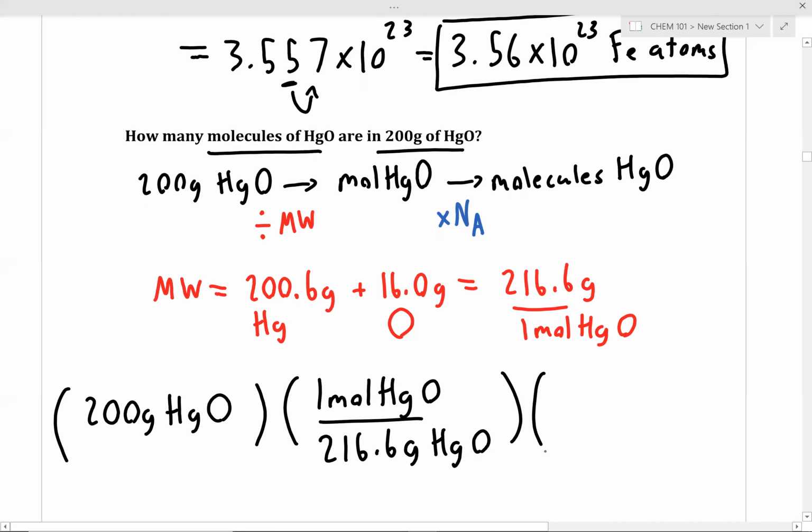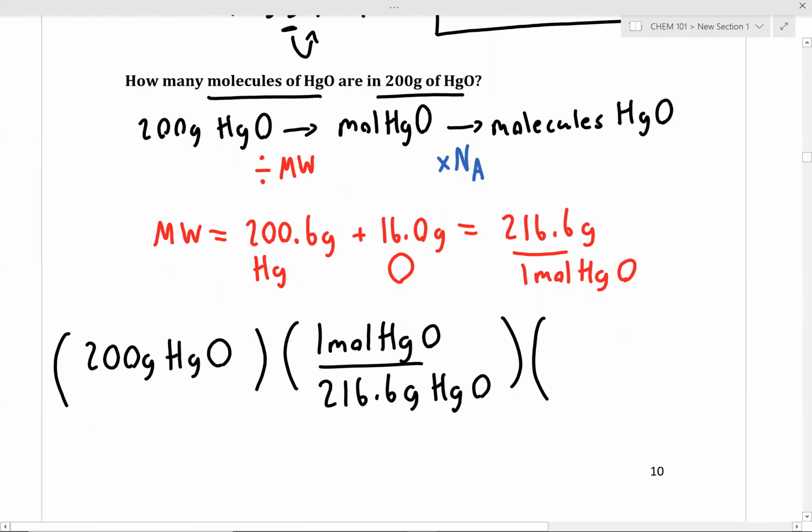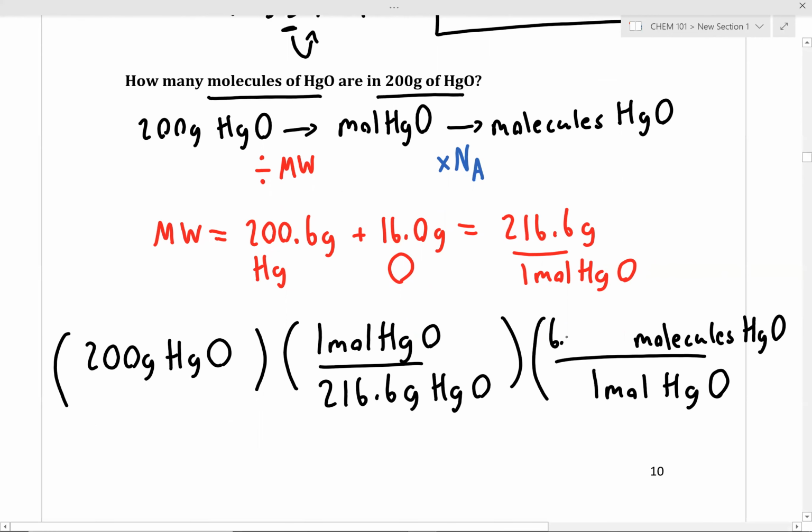Okay. Now, if we're going from moles to molecules, what units are going to be on top? Molecules, right? So then, how many molecules of mercury 2 oxide are present in 1 mole of mercury 2 oxide? Yeah, Avogadro's number, which is 6.02 times 10 to the 23rd.